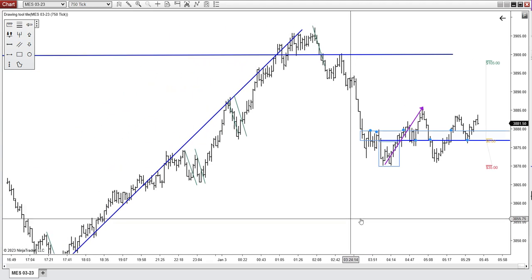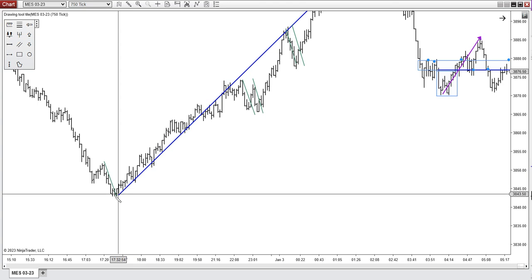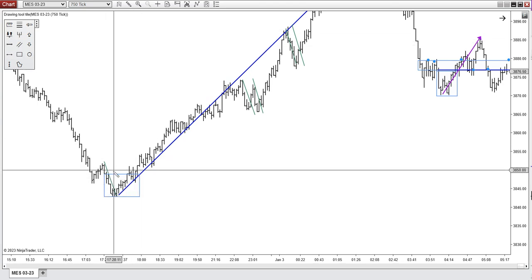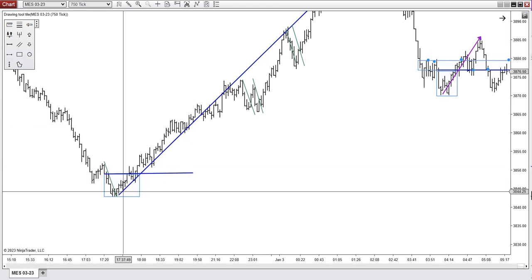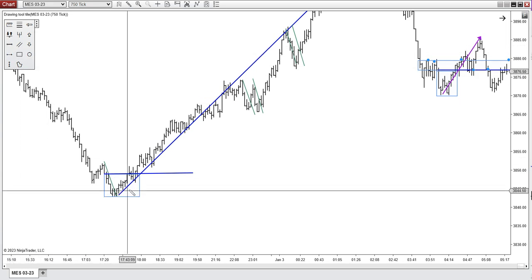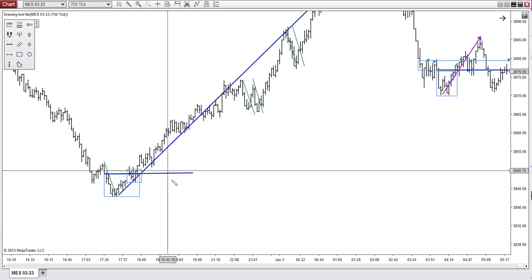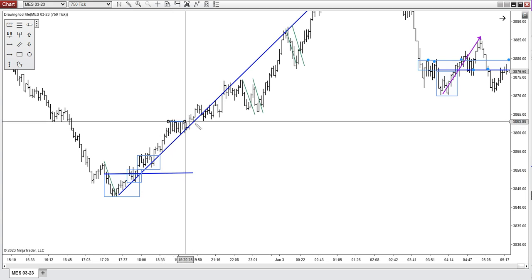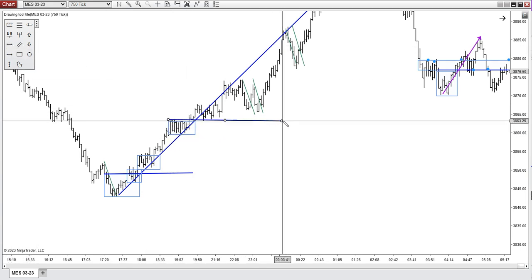Oftentimes, you can find it over here on different swings. And that's one of the things that I look for at the bottom. And see how it just drops down at this little shape right here. Price comes up. There's a pullback there. Price pulled back there. Boom. This is a flowing up market. So, draw your line.